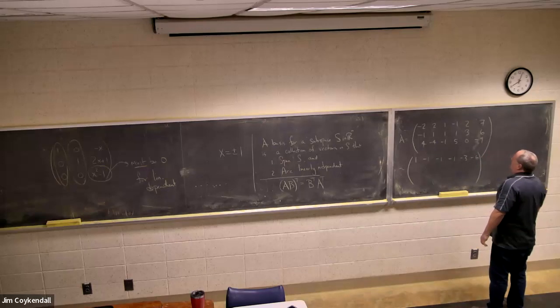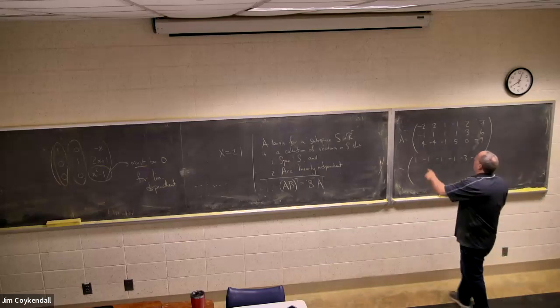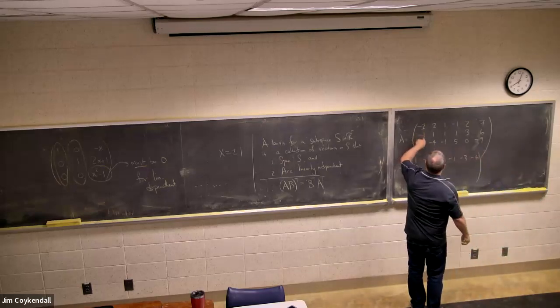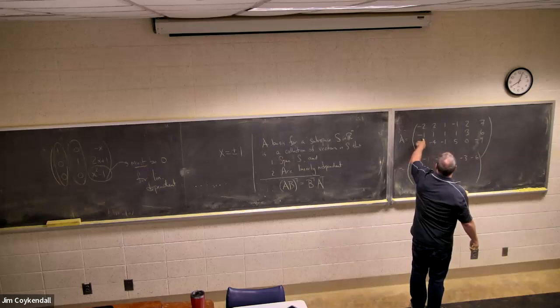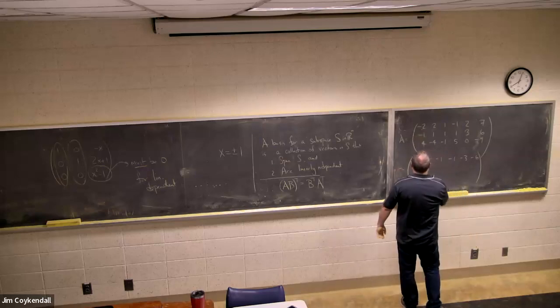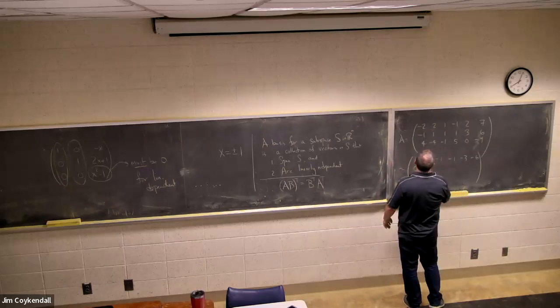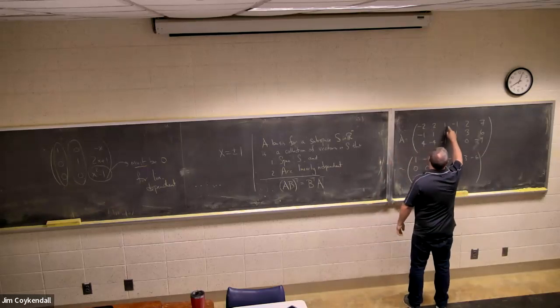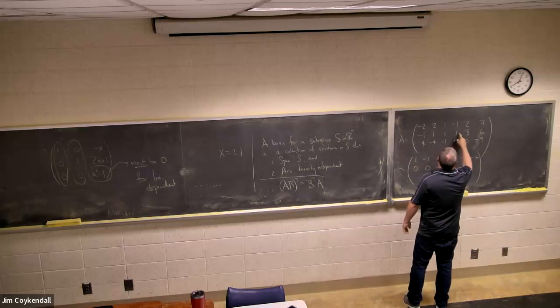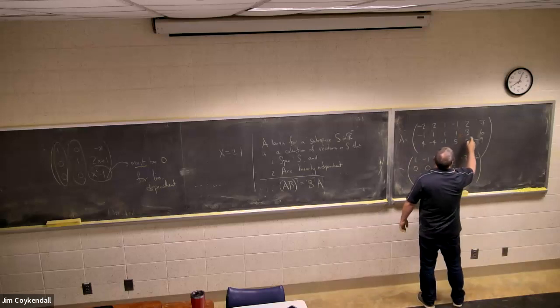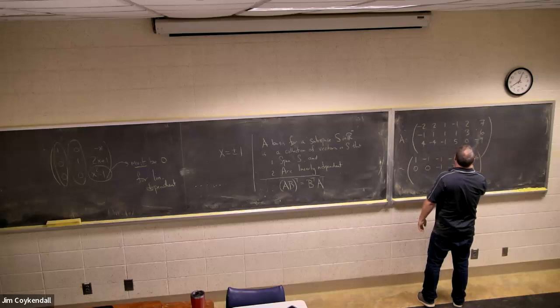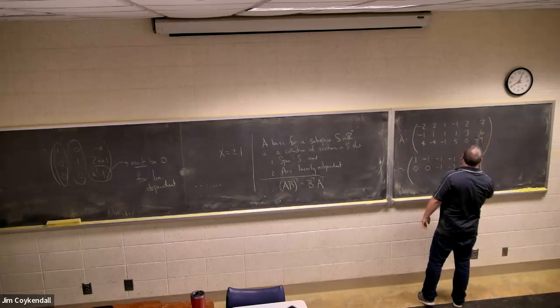Now I'm going to multiply the second row by -2 and add this.